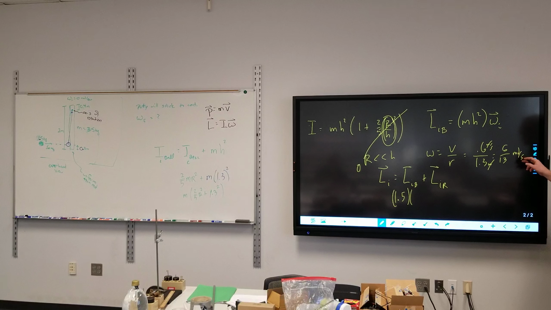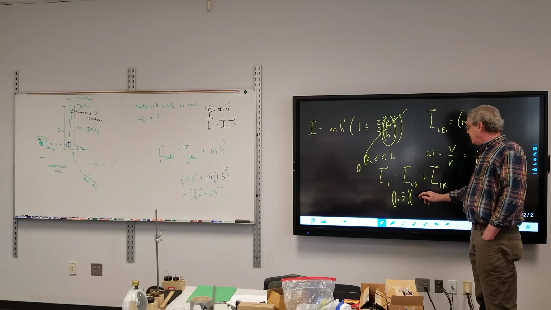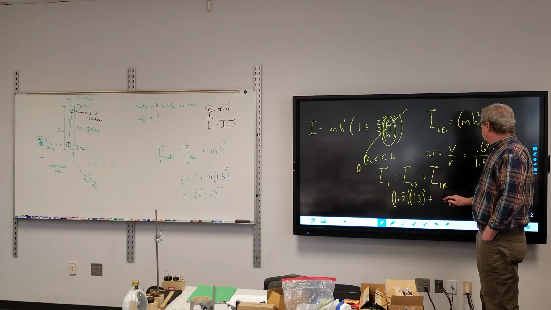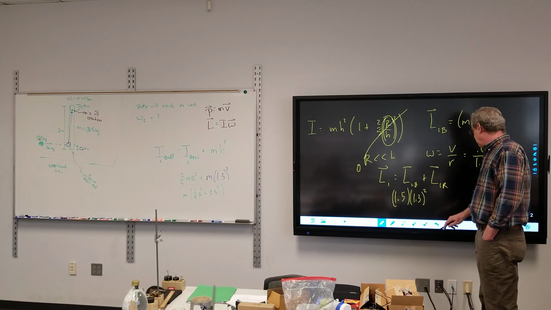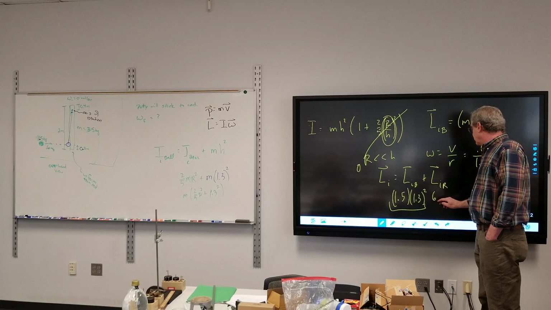Per second. Radians per second. So the mass of the ball, 1.5, times 1.3 squared plus, so not 1.3. That is I times omega, which is 6/13.